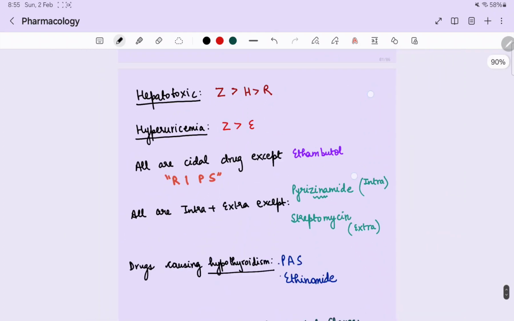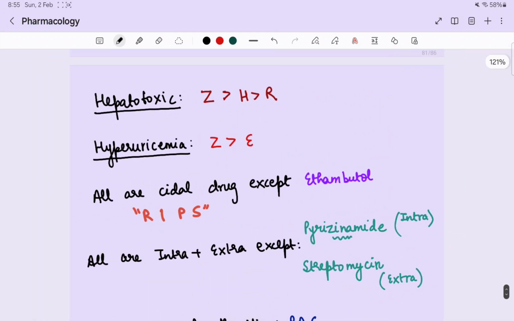So if you want to take a take home message, you need to learn this slide. Most hepatotoxic drug, pyrazinamide, then H, then R. Hyperuricemia is caused by pyrazinamide and ethambutol. All are cidal drugs. All will kill Mycobacterium TB except ethambutol.